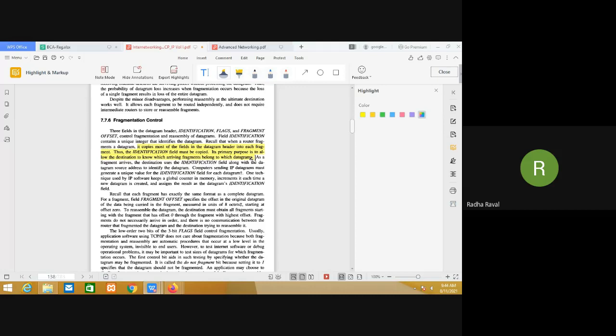One technique used by IP software is to keep a global counter in memory that increments each time a new datagram is created, and assign the result as the datagram identification field.